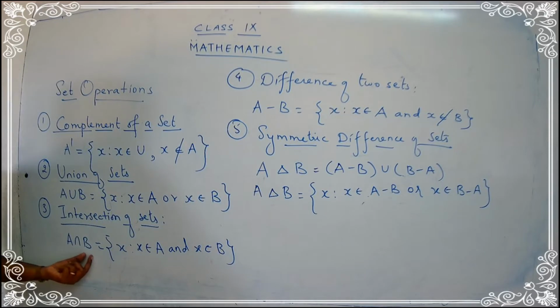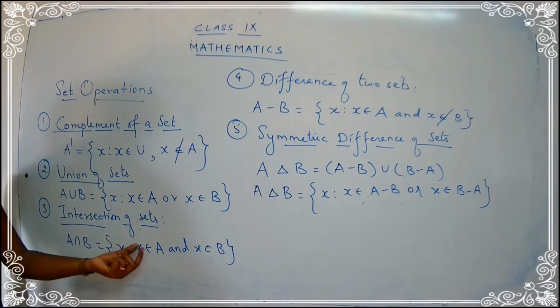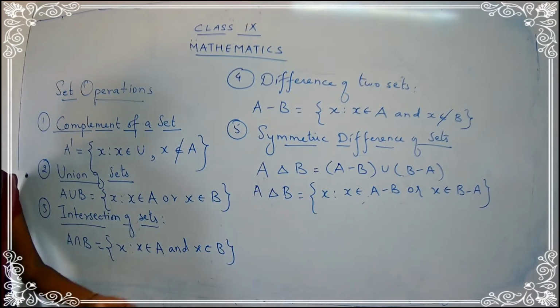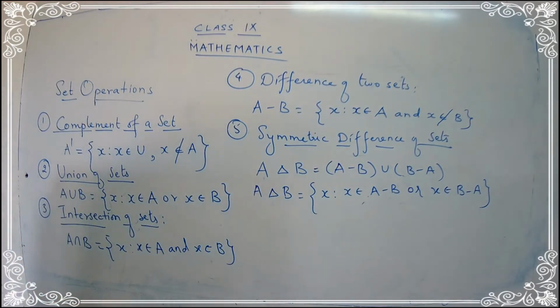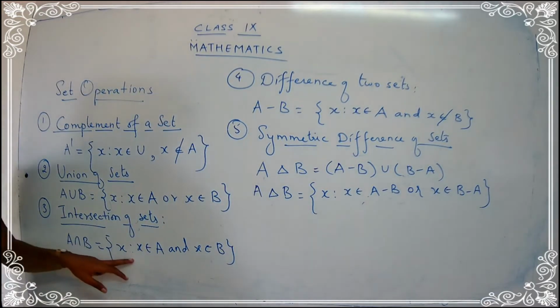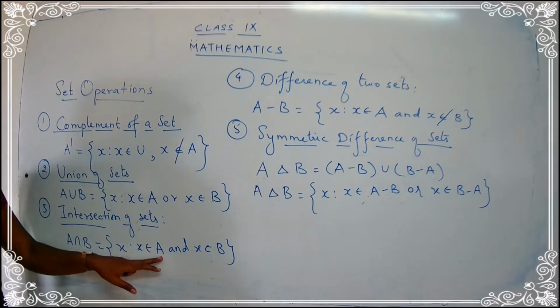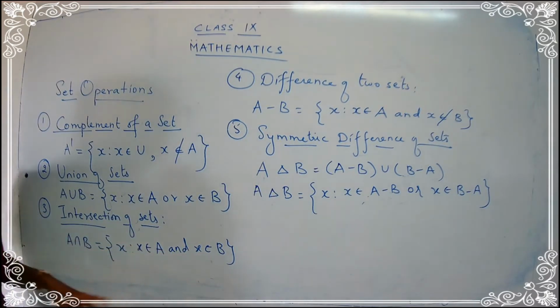A intersection B is equal to x such that x belonging to A and x belonging to B.